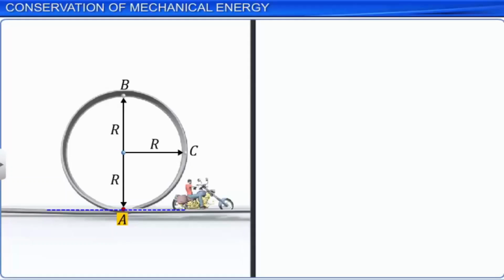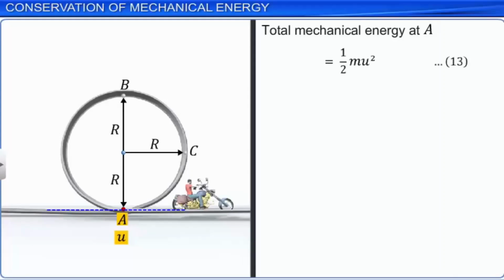Let it be assigned a horizontal velocity u at the lowest point A. At point A, the total mechanical energy of the system is denoted by the expression half mu square. Let this be equation 13. When it is at horizontal position C, its velocity is v1, and the height of C from the reference level is equal to r.